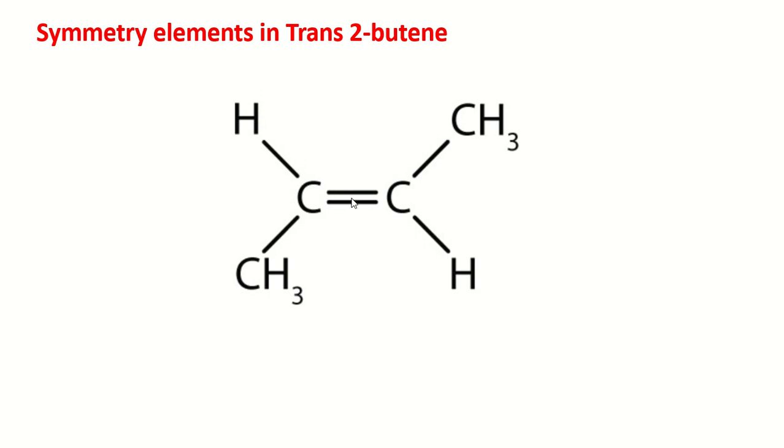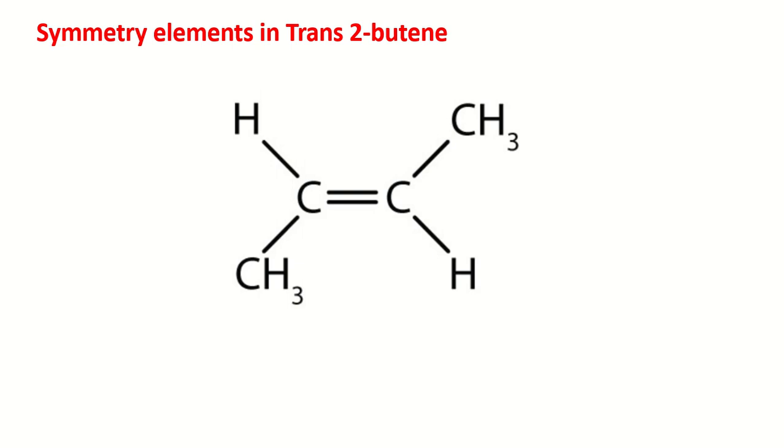So if this is the middle point of the molecule, and we found a hydrogen over there, and on the exactly opposite side there is another hydrogen, same is the case with the methyl groups on the opposite sides, so we can say there is an inversion center also.